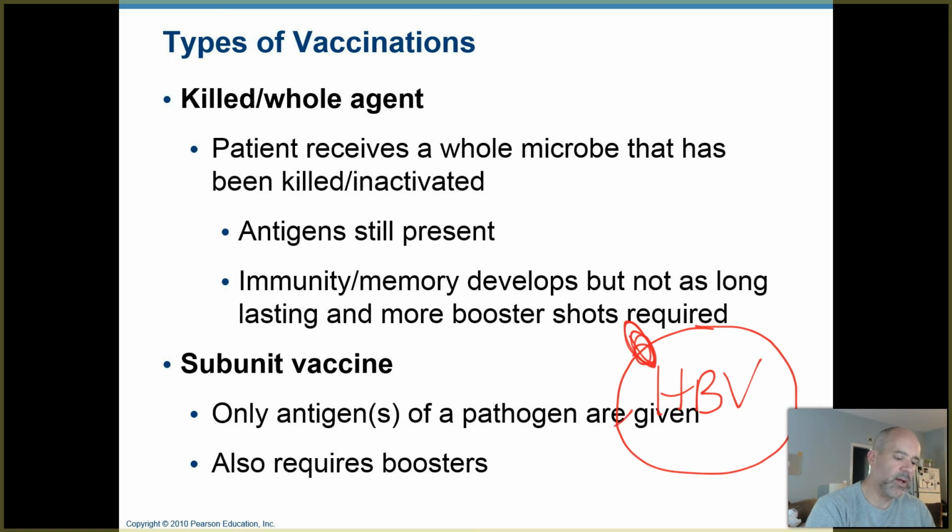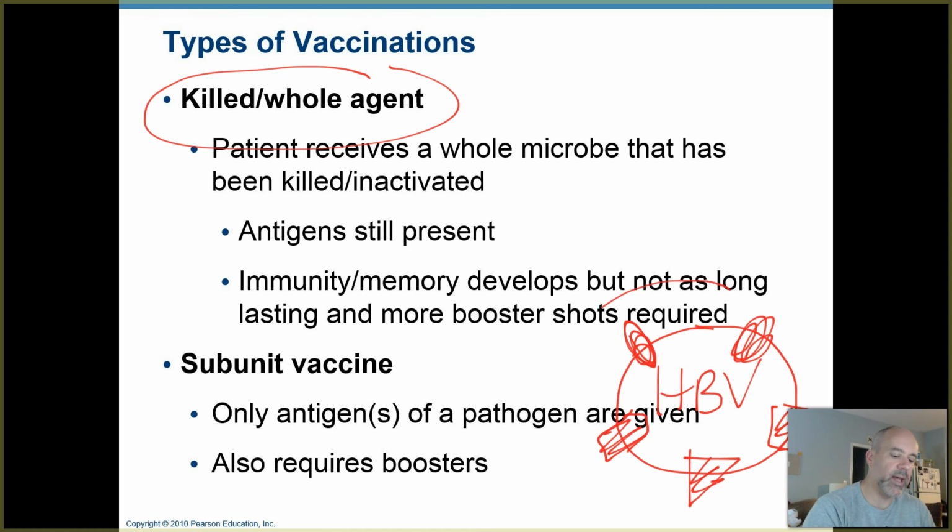Hepatitis B virus has different kinds of molecules on its surface. With a killed whole agent vaccine, you would be getting that whole virus particle, a whole bunch of copies of that virus particle. It's no longer active, it's dead and preserved, but all of its little three-dimensional antigens are preserved in place.